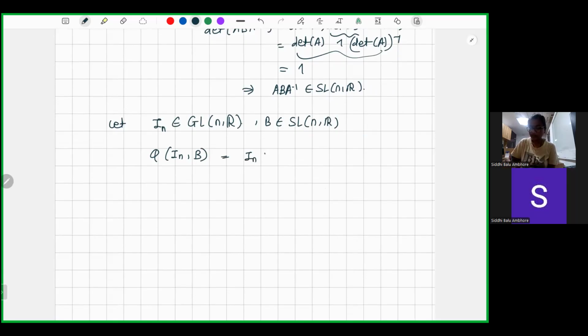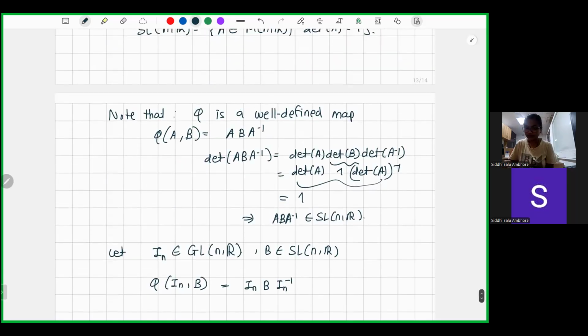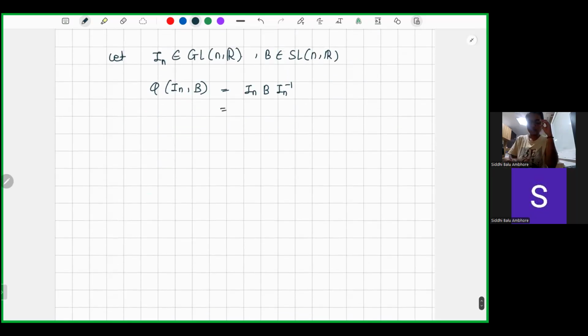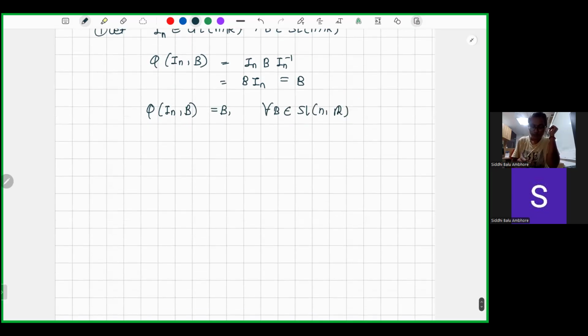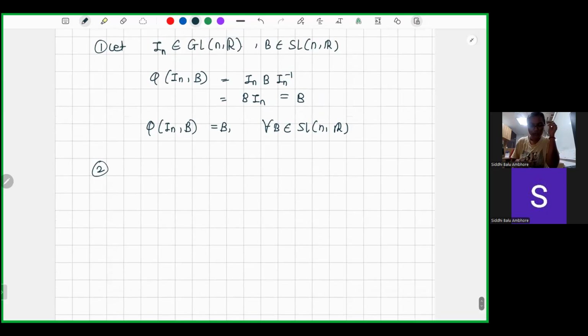It will be IN B IN inverse, and since we have identity here, IN times B times IN inverse gives the resultant matrix B, which belongs to SLNR. So phi of identity acting on B is B for all B in SLNR. So the first condition holds. Now let us go for the second condition.